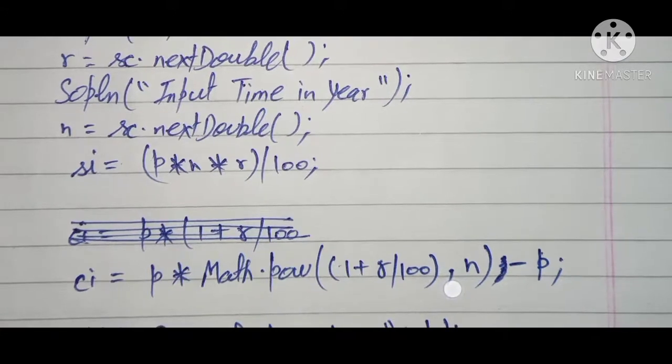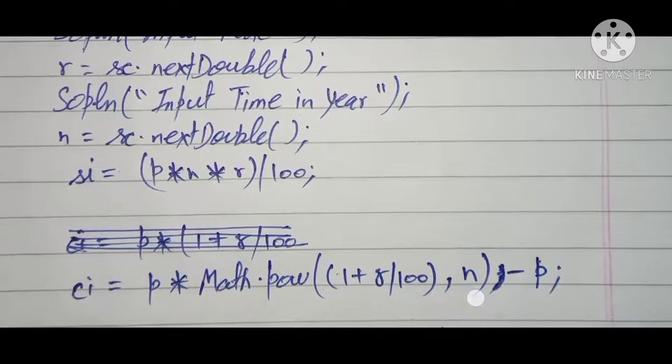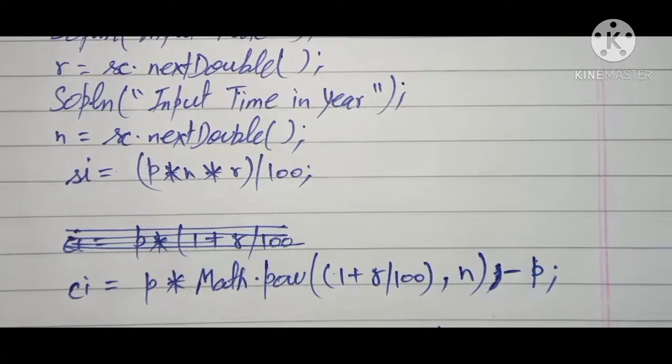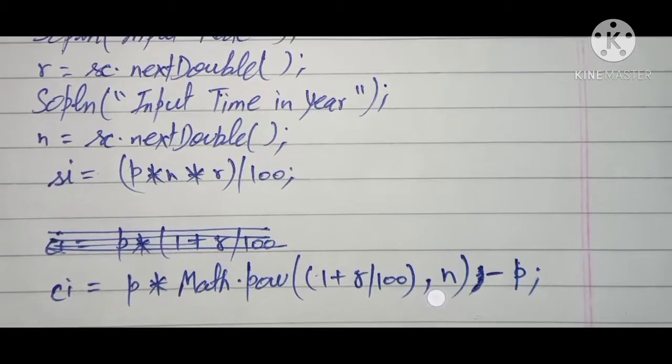Before the comma is the base value, and after the comma is the power value. In this math.pow we have to calculate 1 plus R by 100 to the power N. That's why I have written 1 plus R by 100 here, and to the power N means comma N.